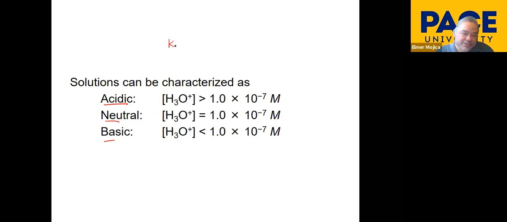So you have here Kw equals to what? H3O+ times OH-. So what's the value of Kw that we have there? At 25 degrees Celsius, you have 1.0 times 10 to the negative 14.